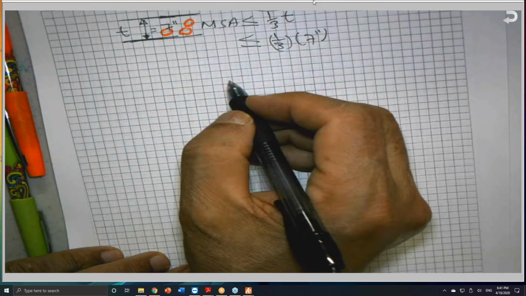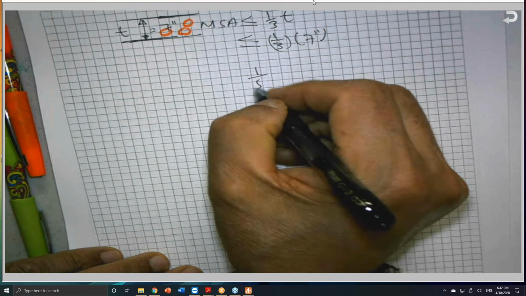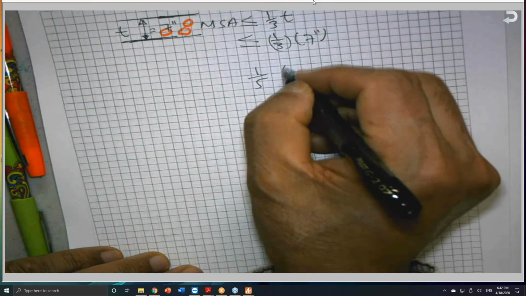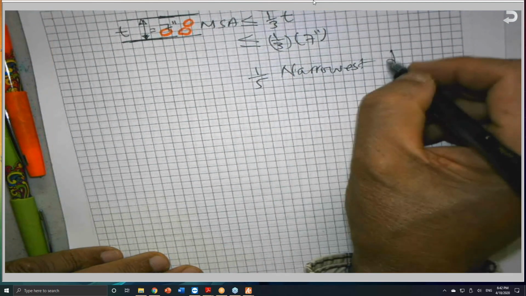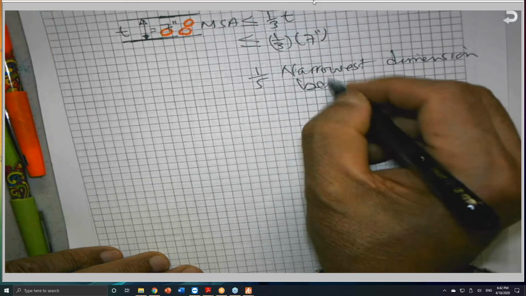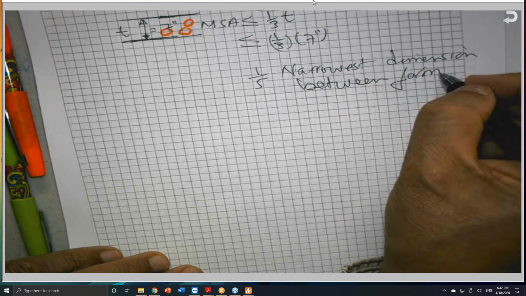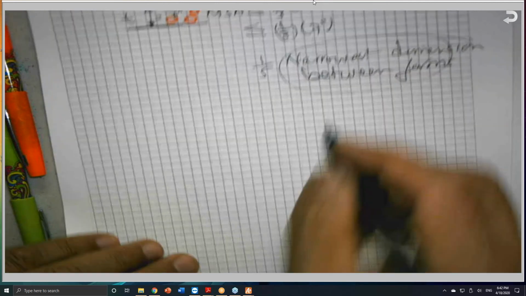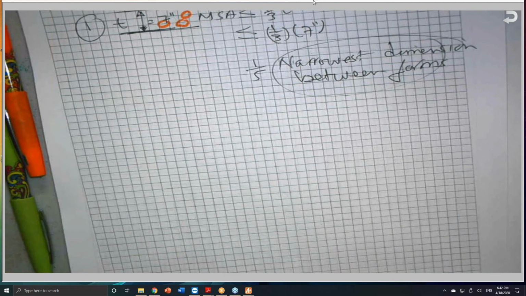This is if you have a slab, slab thickness, this is a 1/3. The 1/5 is the narrowest dimension between forms. What does it mean? This is case number 1. And case number 2 is the 1/5 narrowest dimension between forms.